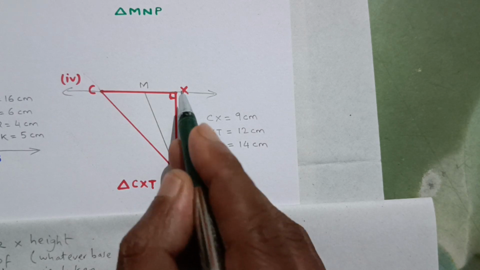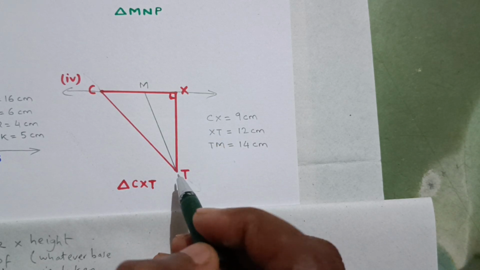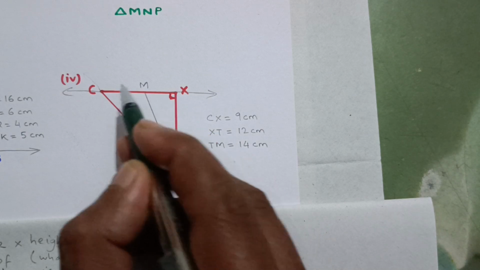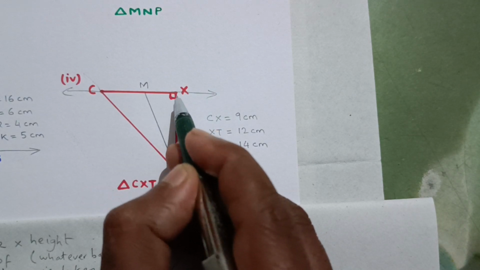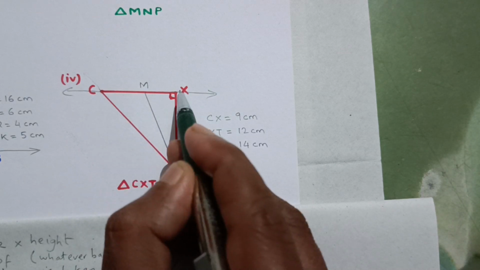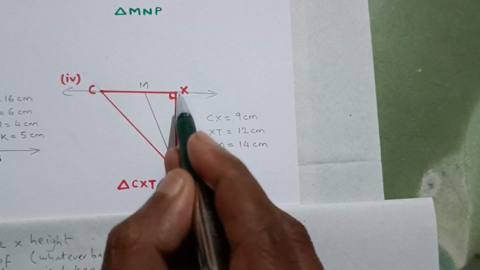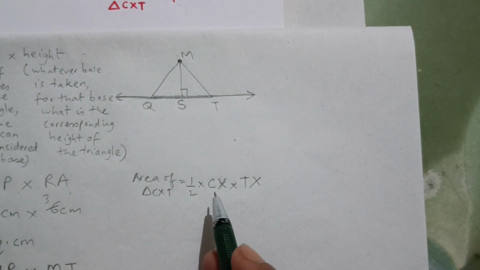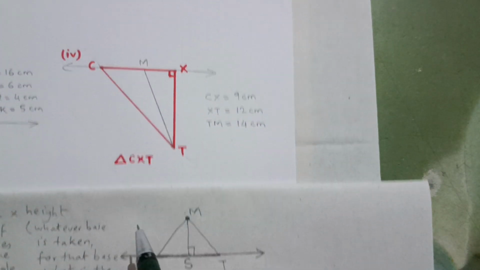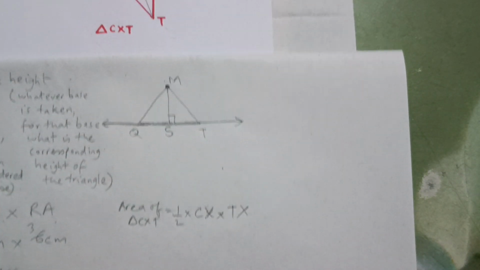So Tx is the line segment. Tx starts from the opposite vertex T such that it meets Cx at x at 90 degrees. So Tx is perpendicular to Cx. So Tx is the corresponding height for base Cx.